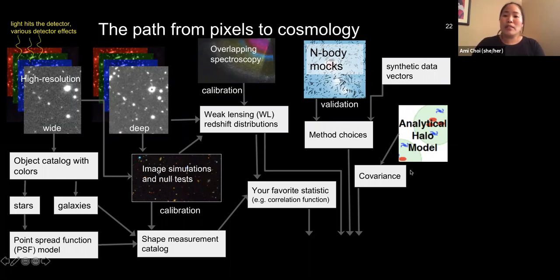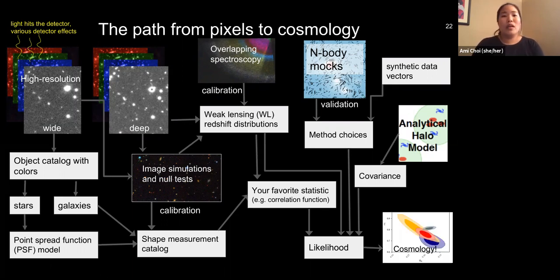And the last very important ingredient is the covariance. And typically people will calculate the covariance using an analytical prescription based on the halo model. And then you can build your likelihood once you have your data and your model. And after running some sort of sampling analysis, you end up with cosmological parameters.